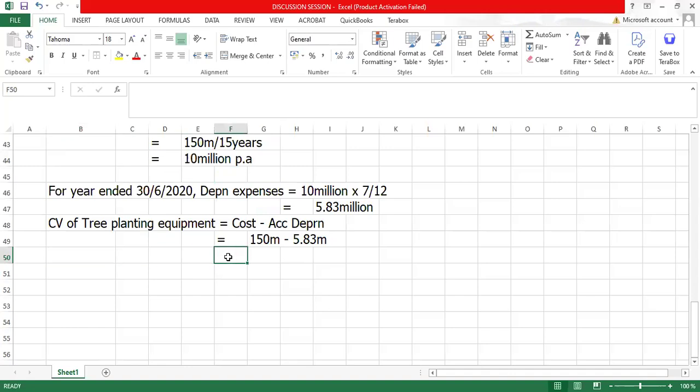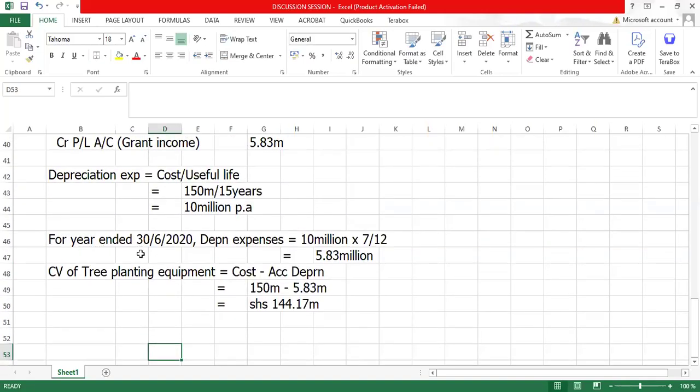So here the carrying value is 150 minus 5.8 million, which is shillings 144.17 million. So for the year ended 30th June 2020, you must recognize this in your balance sheet.